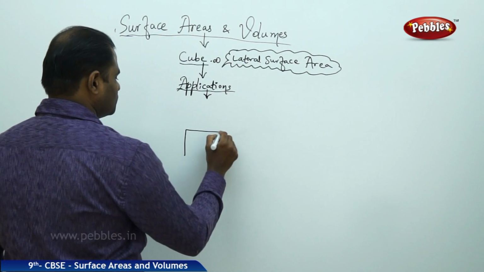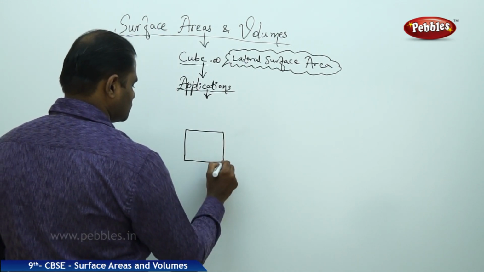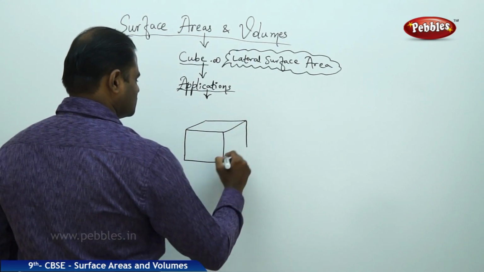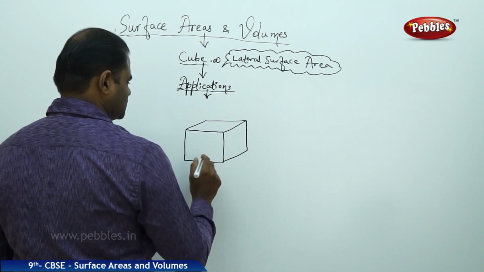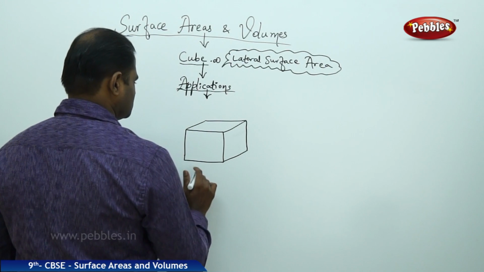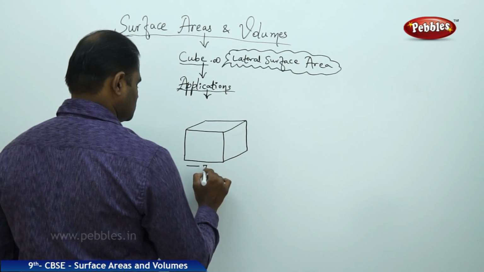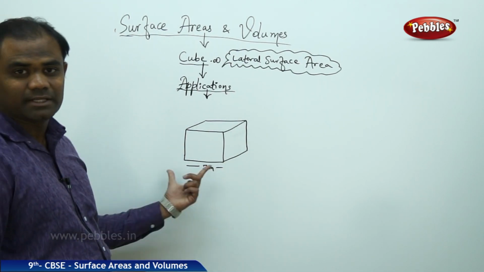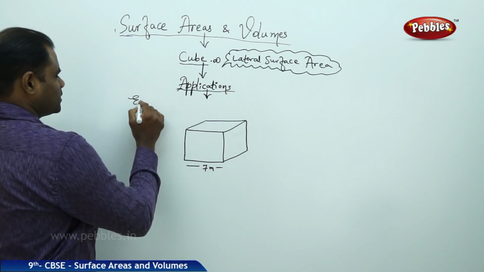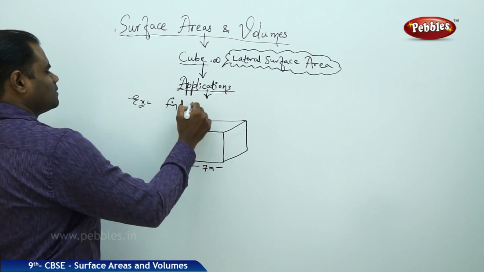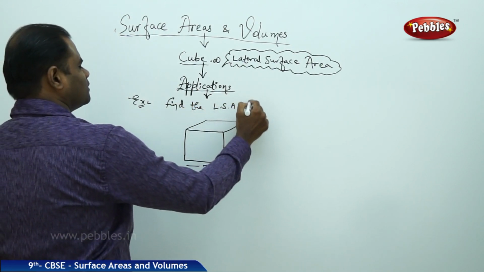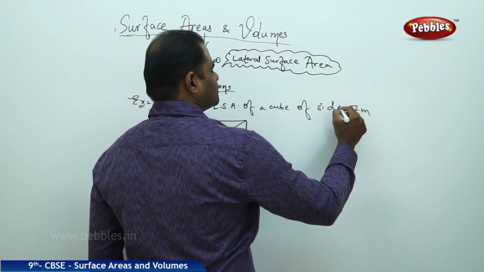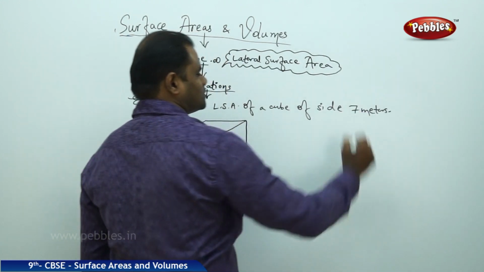So if I have a cube, here is a cube of side 7 meters, and my question is, find the lateral surface area of a cube of side 7 meters.